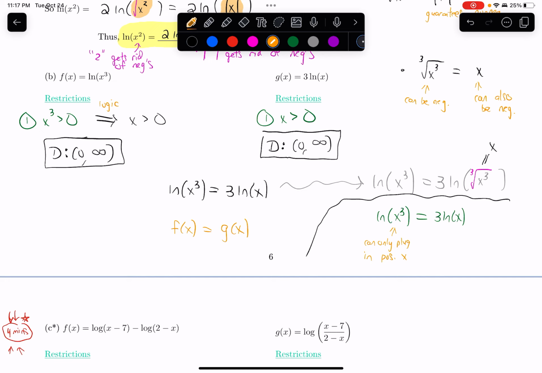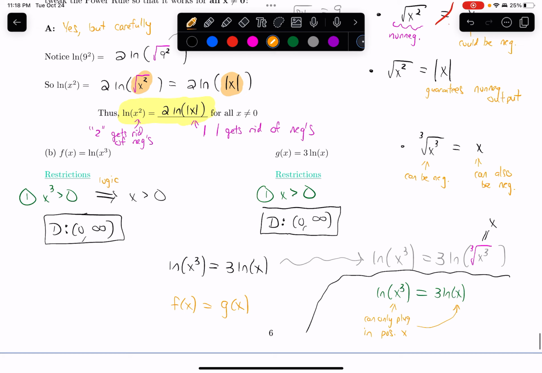And that matches with what I have over here. With this x, I can only plug in positive numbers as well. So that's already matching on both sides, so we don't need anything to adjust that like we needed with the x squared. We needed the absolute value to make sure we were able to plug in the same thing on both sides.